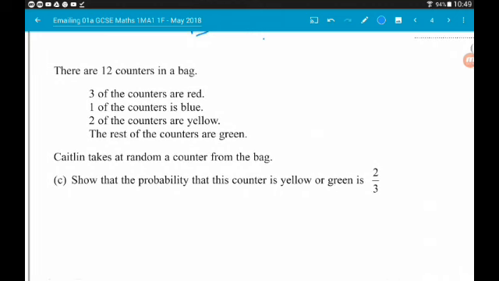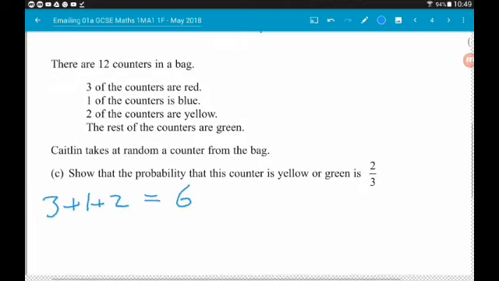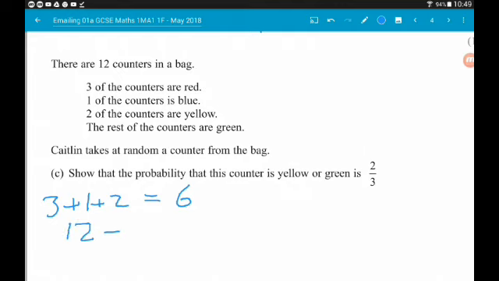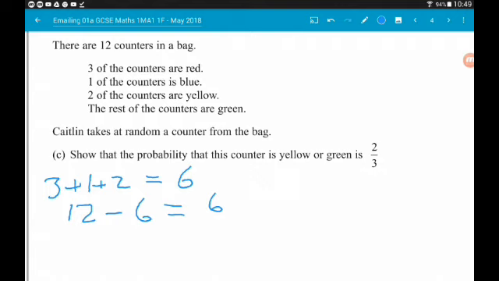If we add up all the other counters, 3, add 1, add 2 is 6. So that means we got 12 minus 6, which is 6. That's how many green counters we've got.